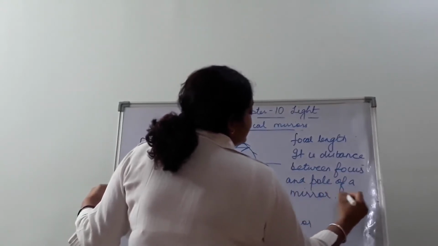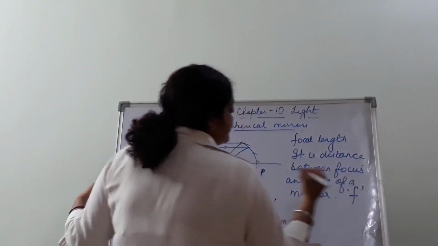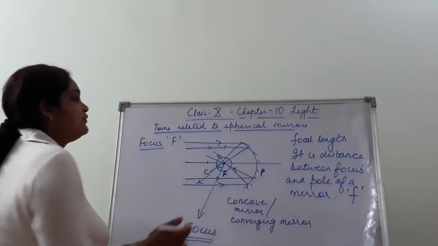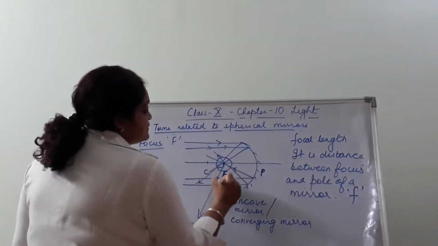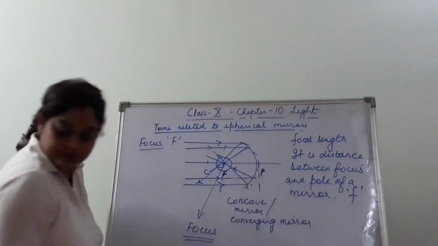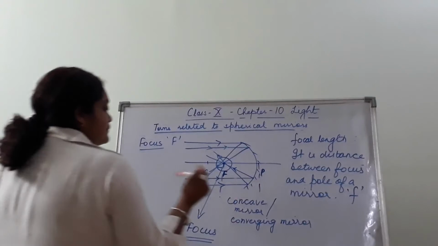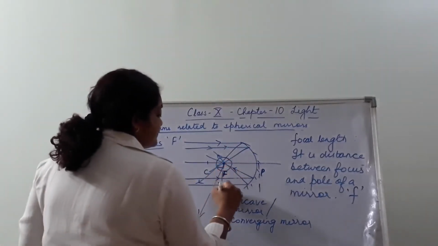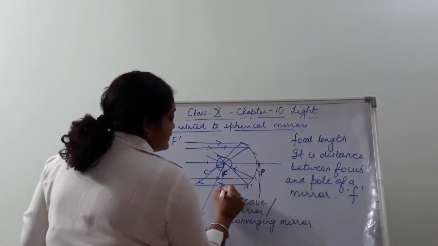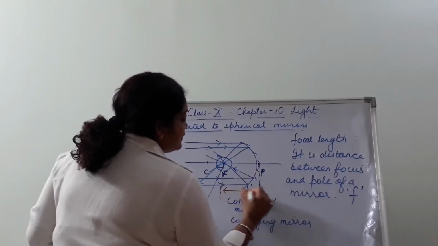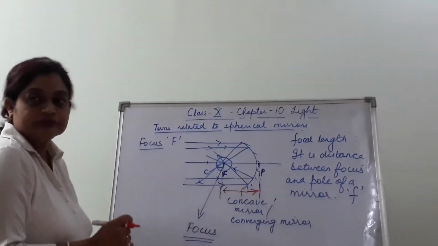It is denoted by small f. Focal length is denoted by small f. So this distance is the focal length of the mirror, right?